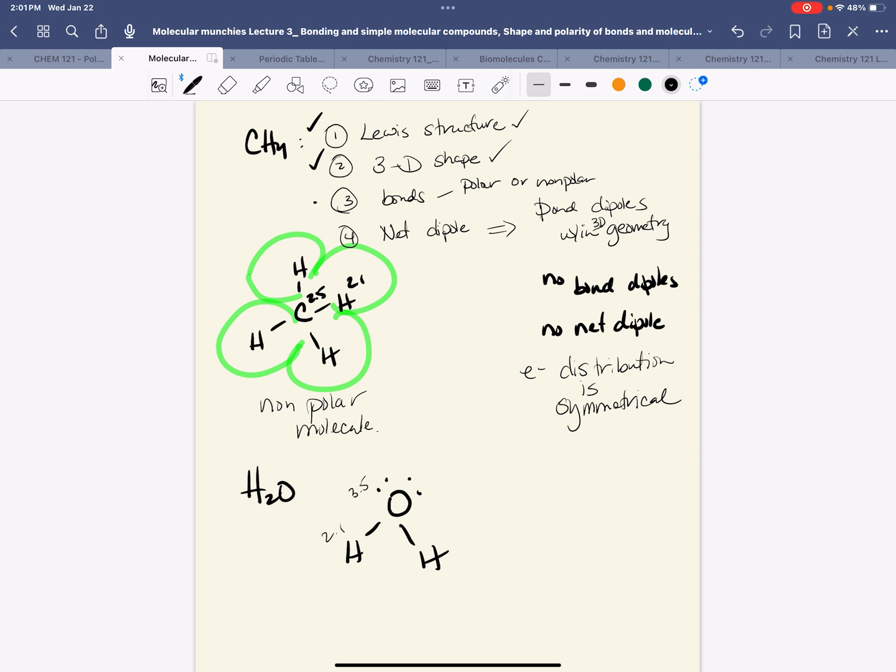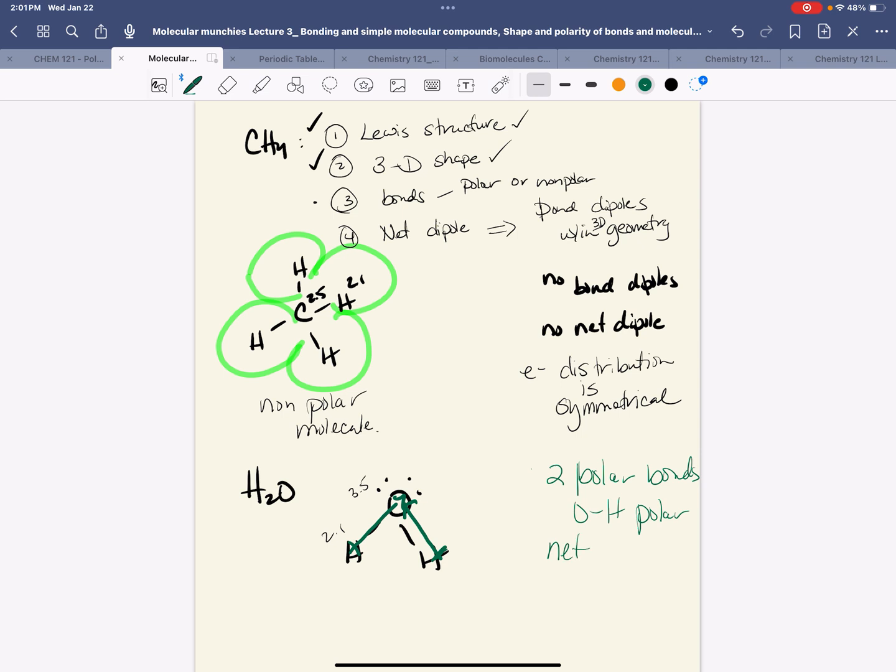I have 2 polar bonds, and we drew those dipoles in here. There's a pull toward oxygen from one hydrogen in this direction, and an equal pull toward oxygen from the other hydrogen in that direction. The oxygen-hydrogen bond is polar, and there are 2 of them. So that's our bond dipole.